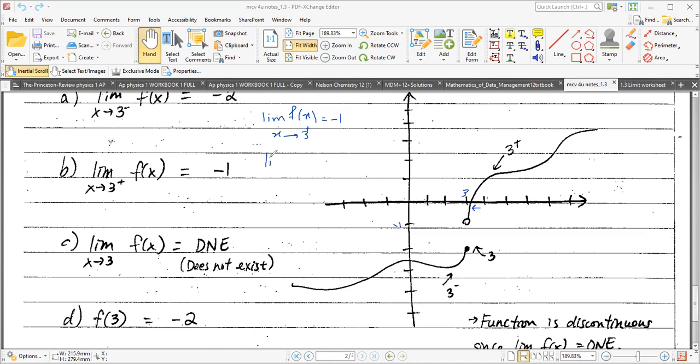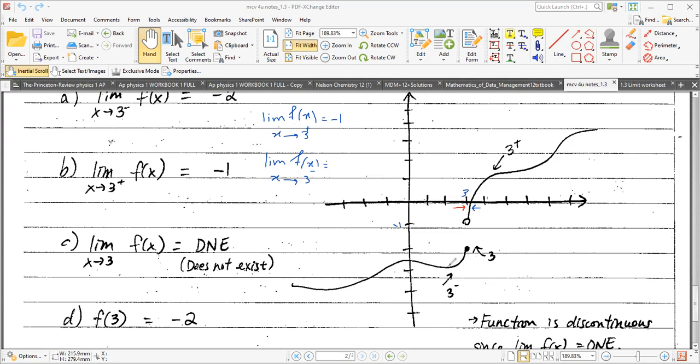Now I want to see what is the limit of function when x getting close to 3 from negative value. Okay, for negative value means x getting close to 3 from left side or lower value. So you have to look at this side, the left side of your graph.